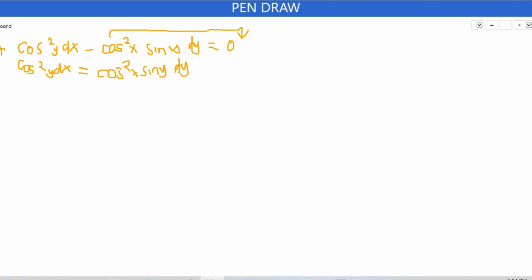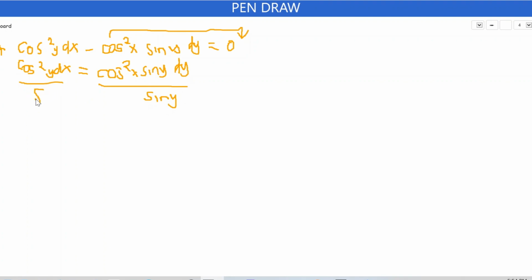Then we need to divide both sides by whatever is not having what it takes to be integrated. Let us divide by sin y.